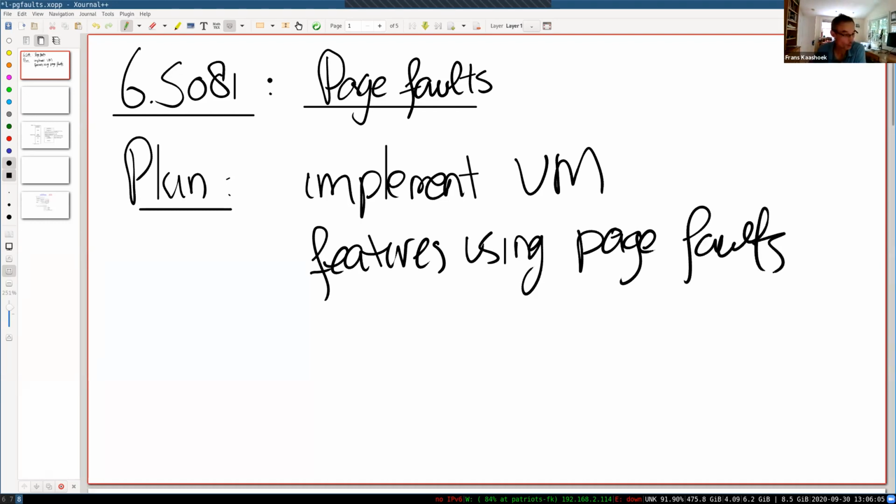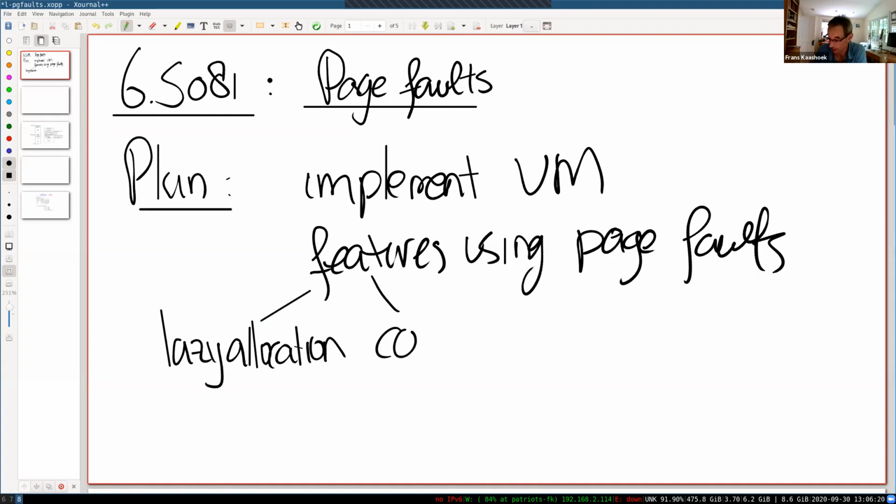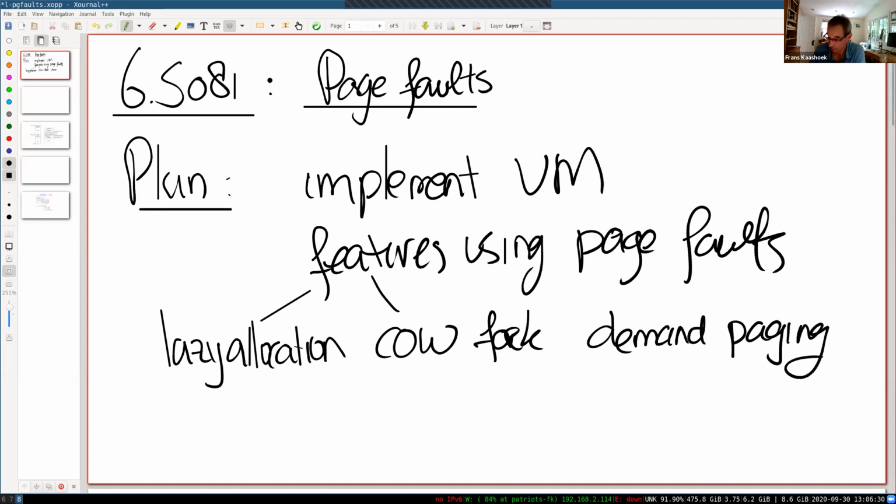The features that we're going to be looking at are lazy allocation, which is the topic of the next lab, demand copy and write fork, demand paging, and memory mapped files, or mmap.